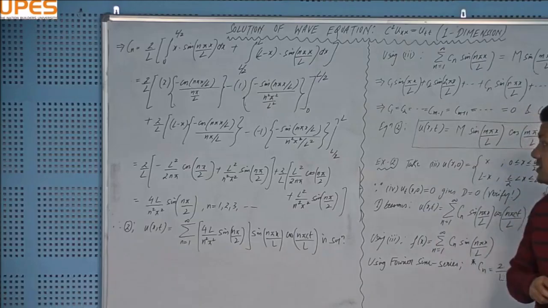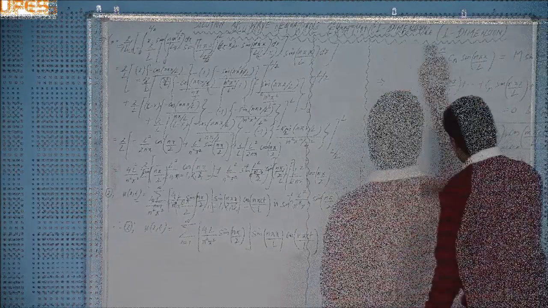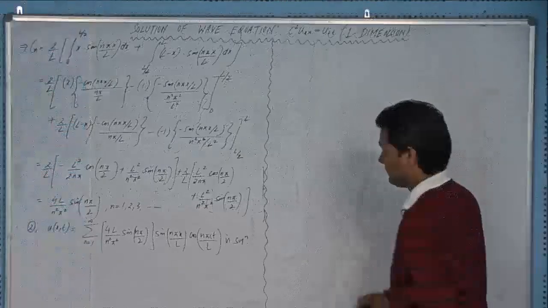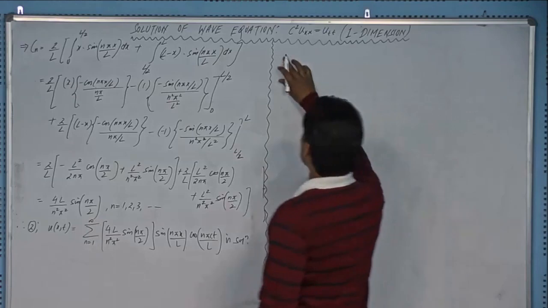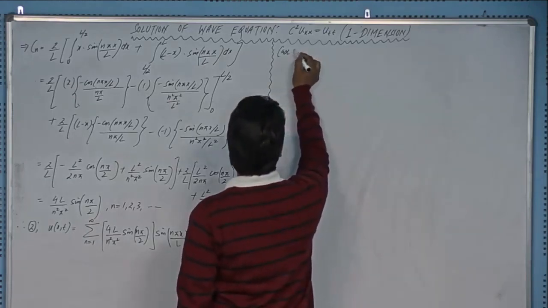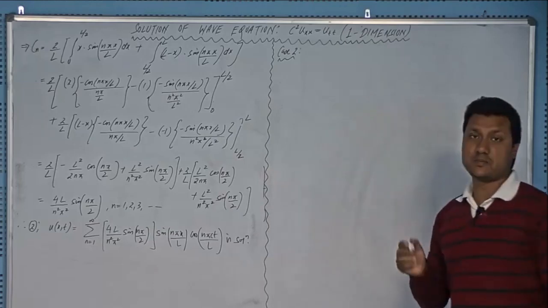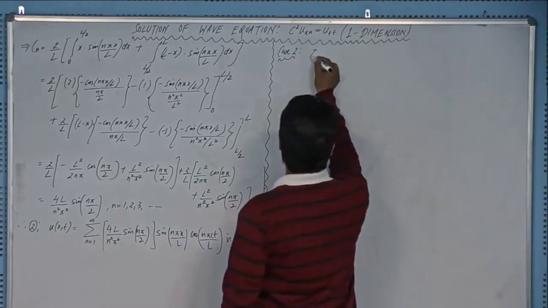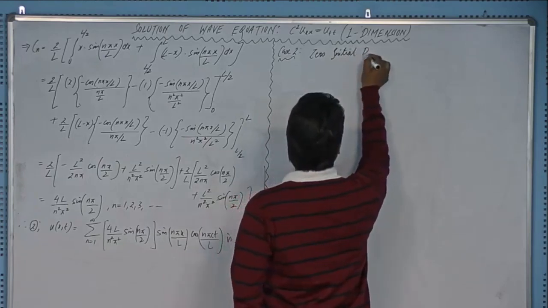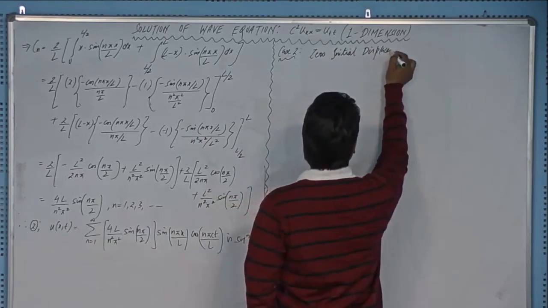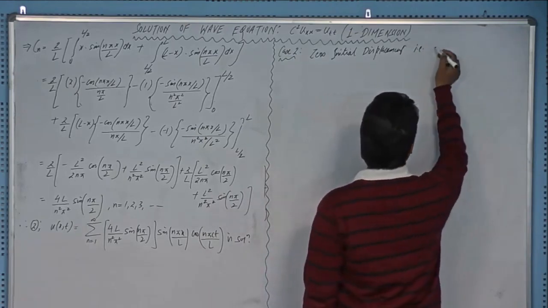So I will rub this. Okay, so case 2, and case 2 is the zero initial displacement, that is fx is equal to 0, right?